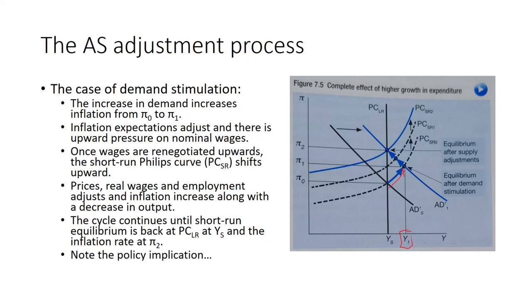At this point, the expected inflation rate was pi 0, that original 4%, but now inflation has gone up to pi 1, and that means there is upward pressure on wages. Inflation expectations are such that wages are renegotiated upwards and costs start to increase, and your short-run Phillips curve, the PC, moves up to PCSR1.